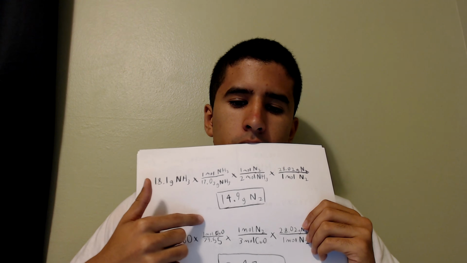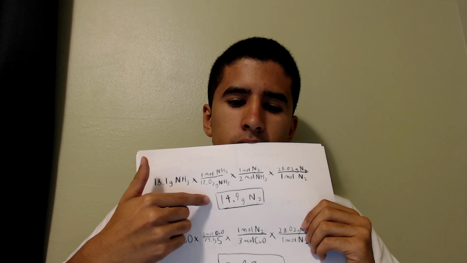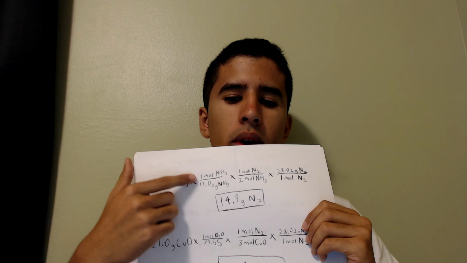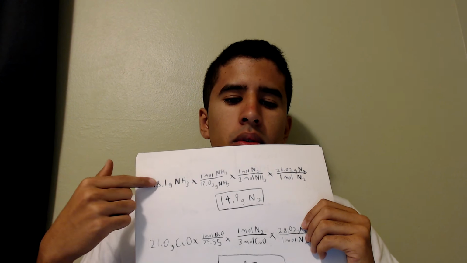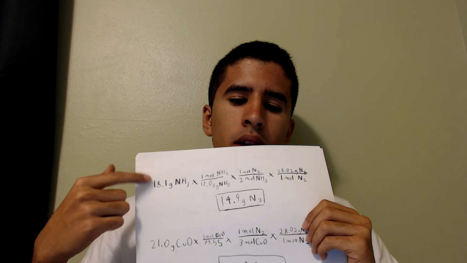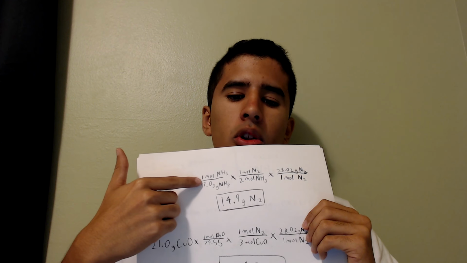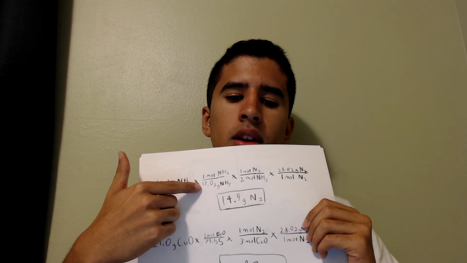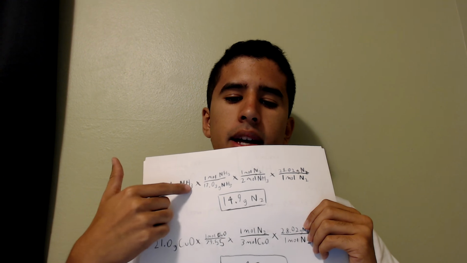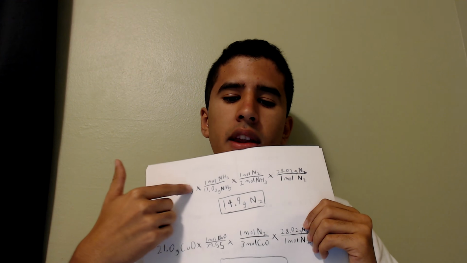To get the answer, you would actually have to get rid of the grams of NH3 by multiplying by the molar mass, how much mass there is in 1 mole of NH3.